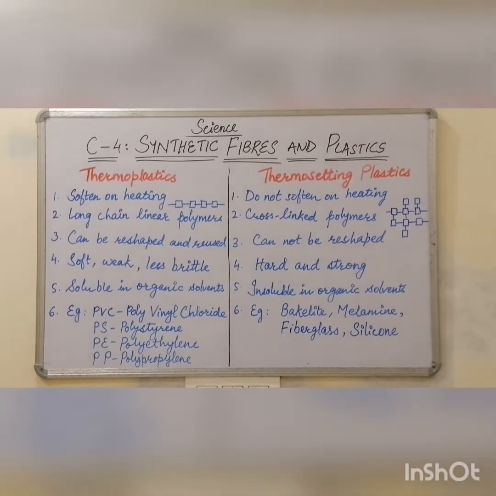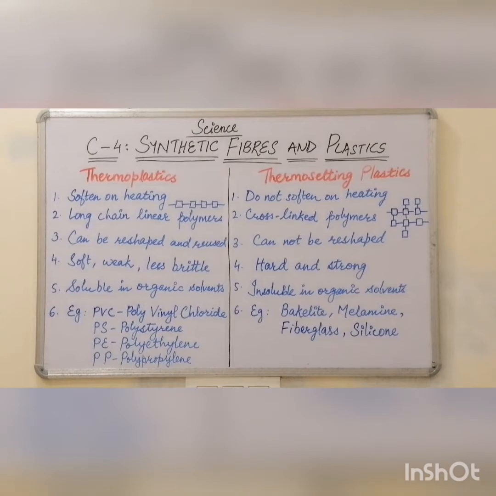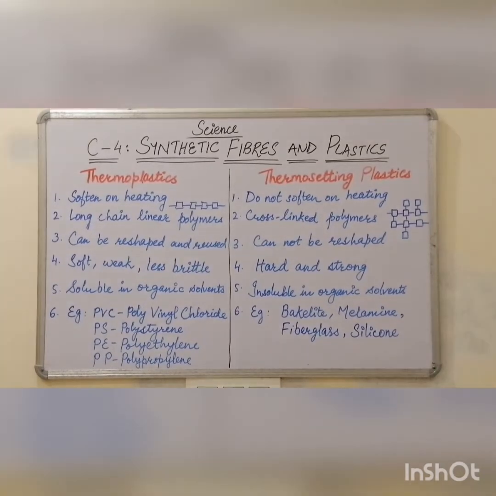Fiberglass looks like glass, but it is made of fiber or plastic, so it is unbreakable, easily non-breakable. Then you have silicone. Silicone sheets are available, not the silicone that is your non-metal. They look like silicone.